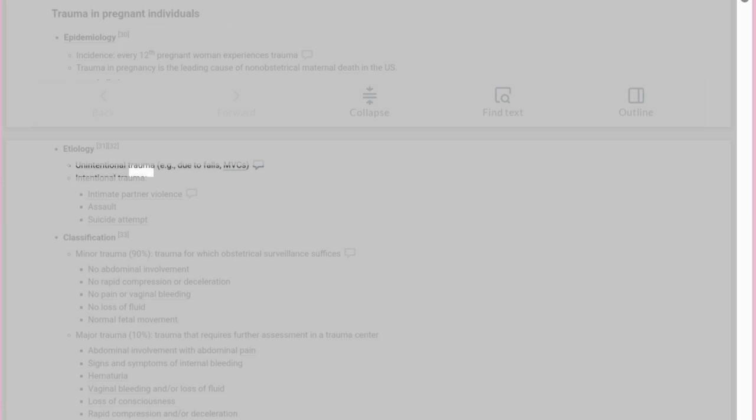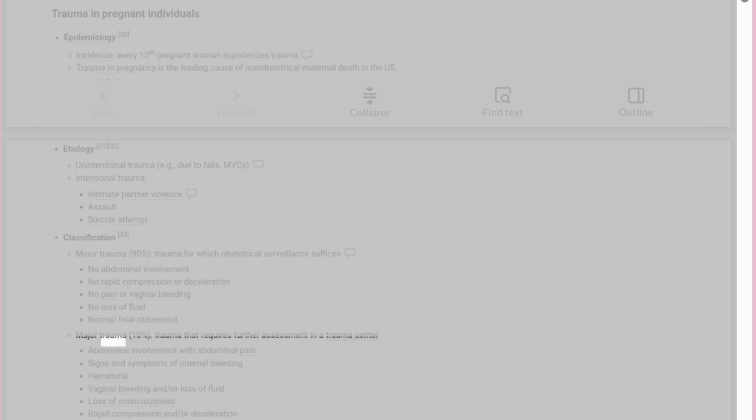Unintentional trauma, for example due to falls and MVCs; intentional trauma, equals intimate partner violence, assault, or suicide attempt. Classification: minor trauma, 90% of trauma, for which obstetrical surveillance suffices, equals no abdominal involvement, no rapid compression or deceleration, no pain or vaginal bleeding, no loss of fluid, normal fetal movement.